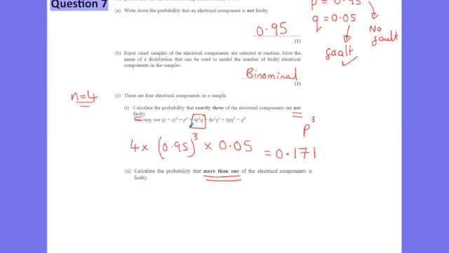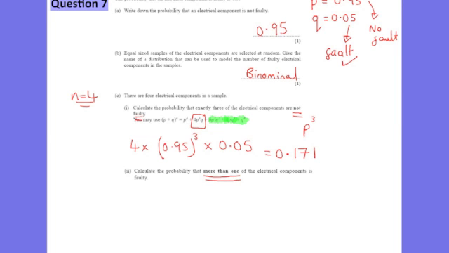Here we have 4 times p to the 3 multiplied by q. Q is just 1 fault. We're looking for more than one. So the part that we're interested in is here, where there's 2 faults, here, where there's 3 faults, and here, where there are 4 faults.